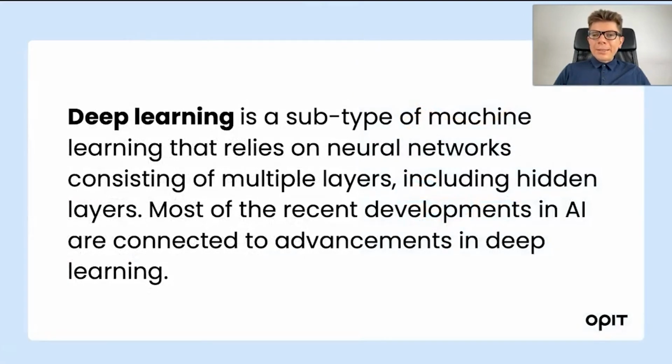Deep learning, therefore, is a subtype of machine learning that relies on neural networks consisting of multiple layers, including those hidden layers. Most of the recent developments in AI are connected to advancements in deep learning. So whenever you see image recognition algorithms or generative AI, they usually utilize deep learning. And deep learning is this approach to machine learning which made it so successful in the last 2 decades.